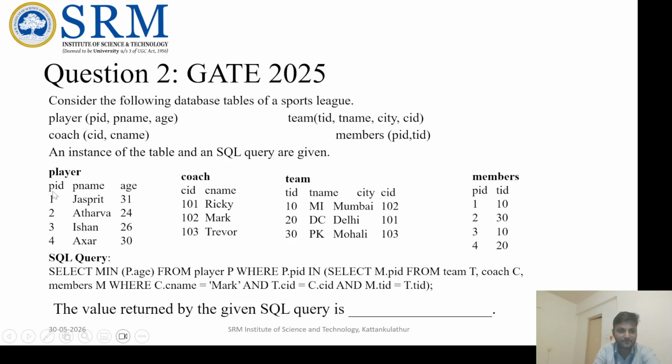In the player table, PID 1 has age 31, and the other, Ishan, has age 26. What I have to select is the minimum P.age, so the minimum among these two is 26, not 31, so it will be returned, and the answer will be 26.